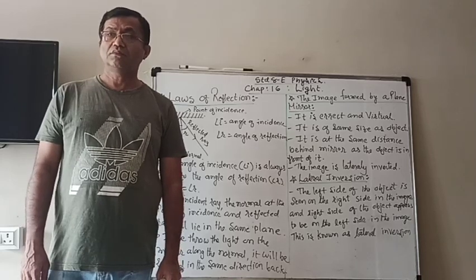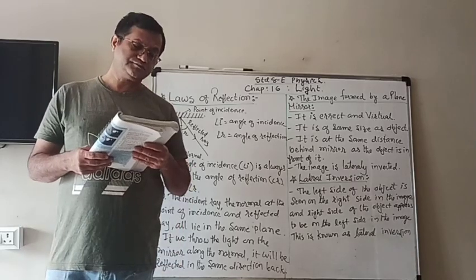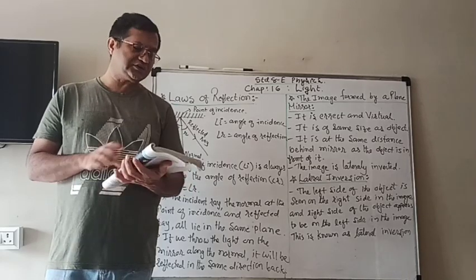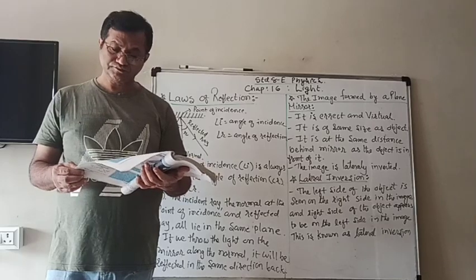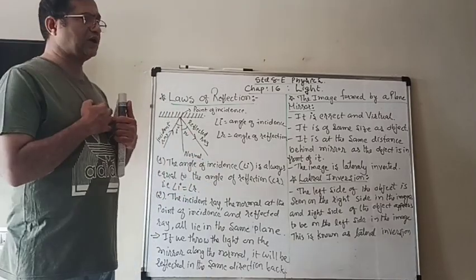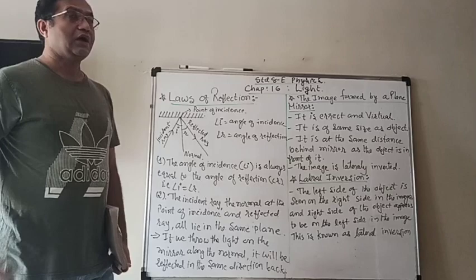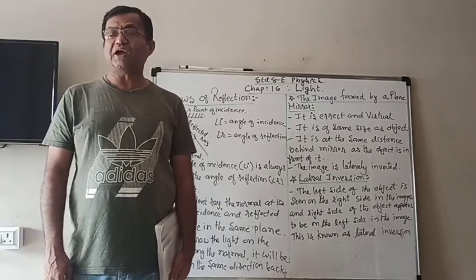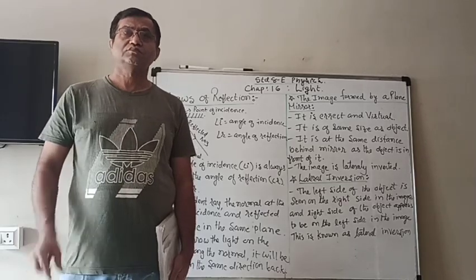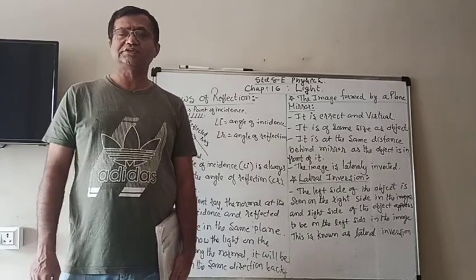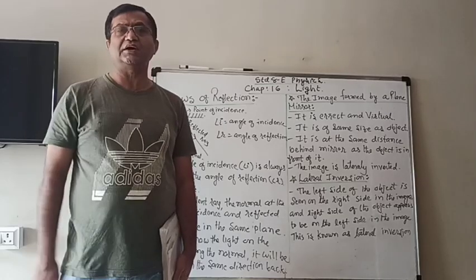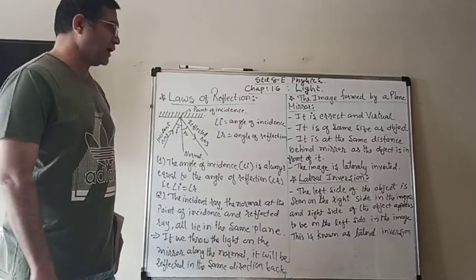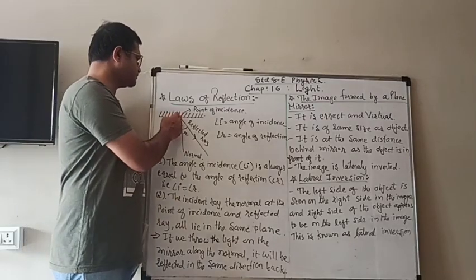Now draw a line that is showing the incident ray. So first take a torch and, through some slit, make a slit and pass the ray through it, a beam of light, and allow it to fall on the mirror.